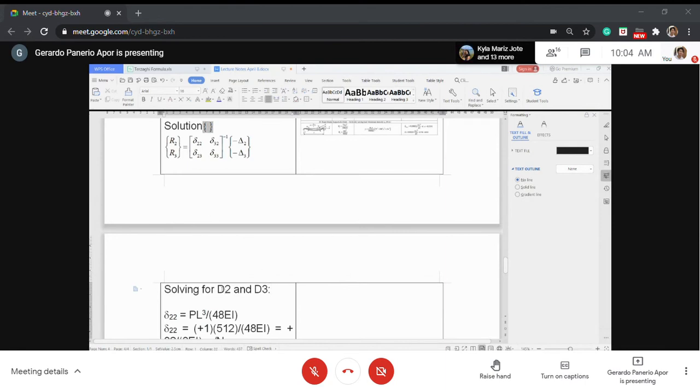But I have mentioned a while ago, due to symmetry, delta 2 and delta 3 are equal. So delta 2 is equal to delta 3. Due to symmetry.